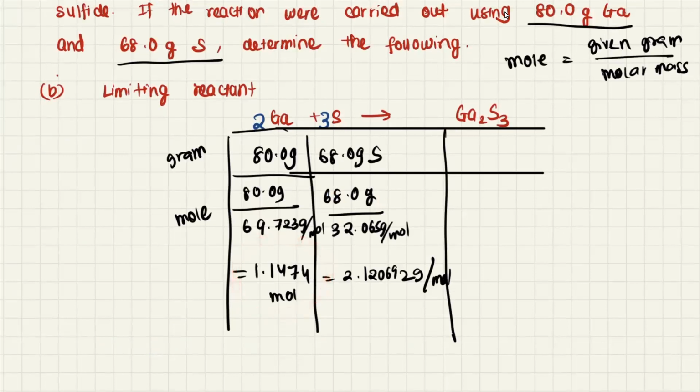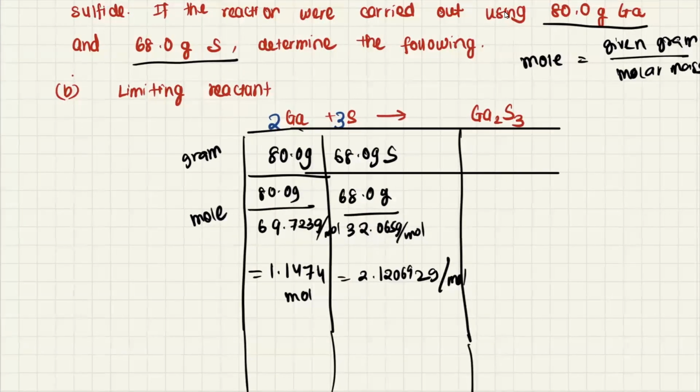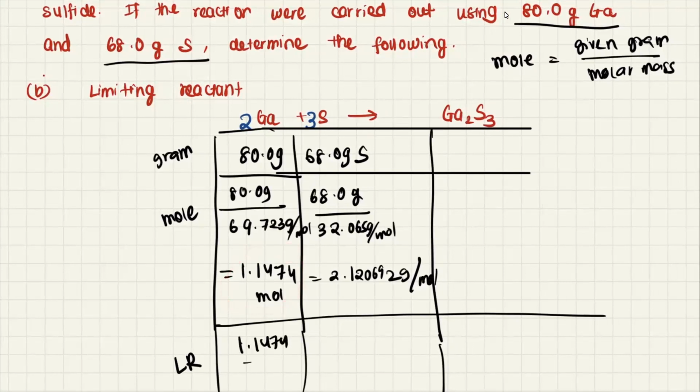So there is a trick here. If you don't want to think much about it, let's write here LR, which is limiting reagent. You take the number of moles, which is 1.1474, divided by the coefficient, which you find from your balancing. That's really important.